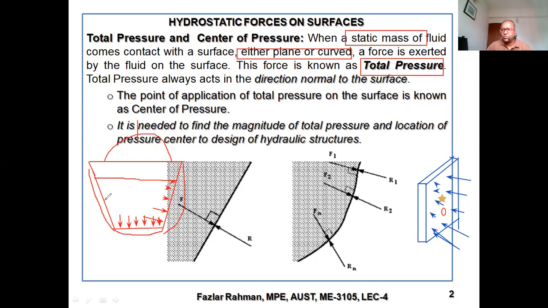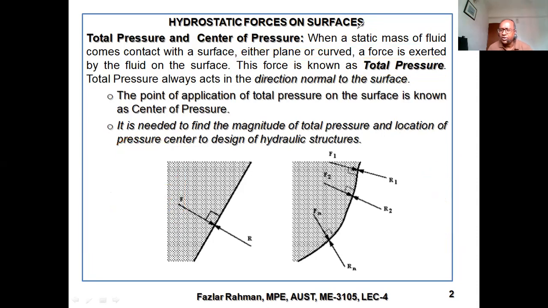If the wall is strong enough, it will resist the pressure force working on the bucket from this direction by the strength of the wall. Okay. So remember that when a fluid comes in contact with a structure, it will always apply some pressure or force perpendicular to the surface. This force is known as total pressure.